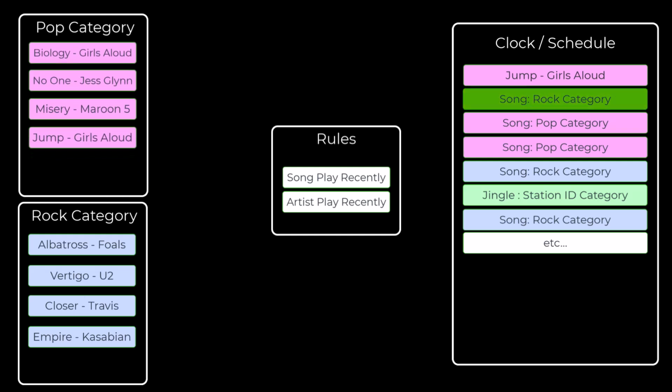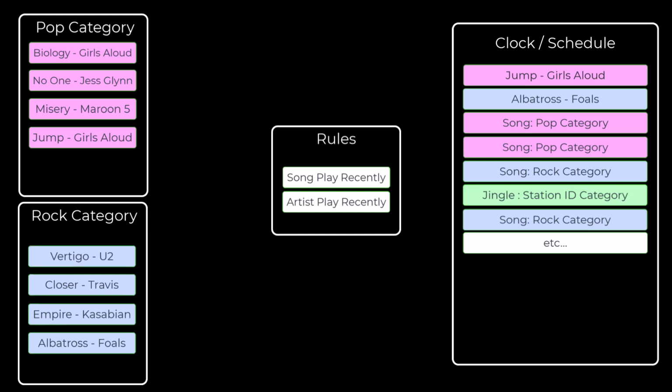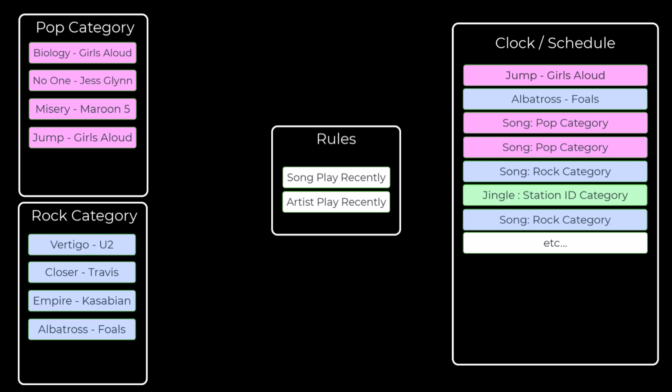The next clock item calls for a song from the rock category, so Myriad Schedule would repeat the process, but this time it would schedule the top song from the rock category, Albatross, by Foals, into the second slot in the hour. As before, the songs in the rock category will all rotate by one position. The third item in the clock calls for another song from the pop category.